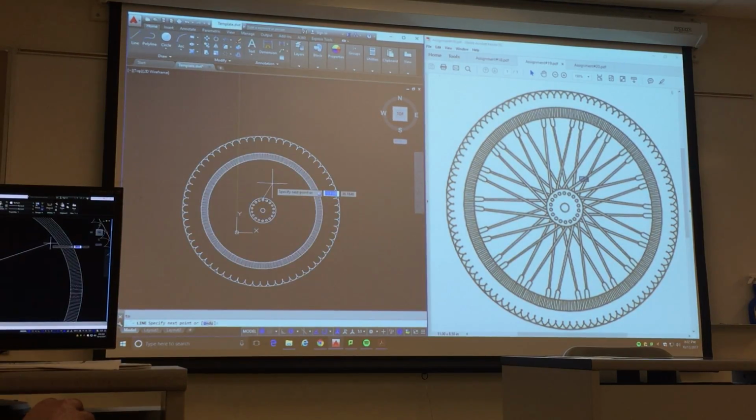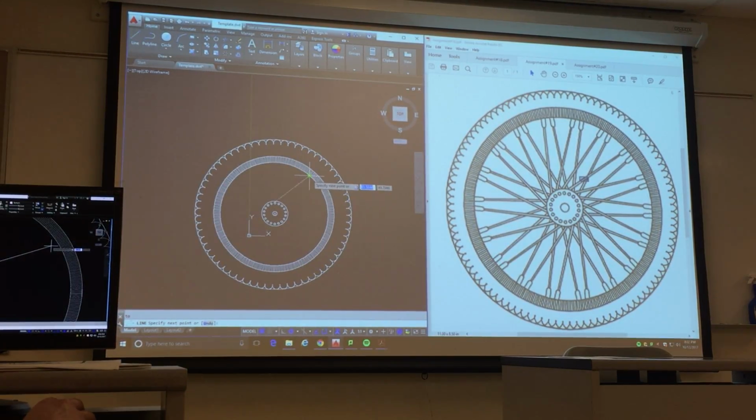And again, does it really matter? No, but I want it to look about right. So I'm going to put it there. And again, it doesn't matter to me. You could put it at 35 degrees. It doesn't really matter, but I want it to be about there.